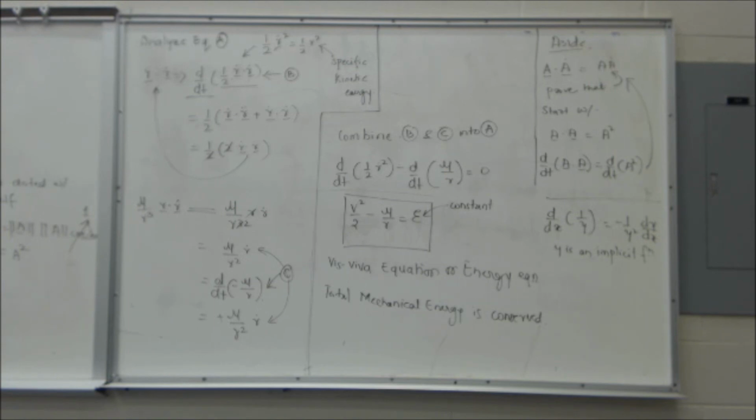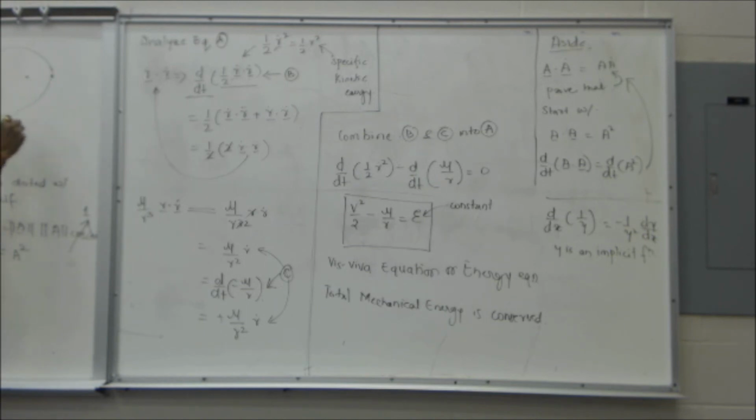In the sense, if you have a two-body problem, if you have this central body, you have an orbit, right? Let's take a look at this in a little more detail.